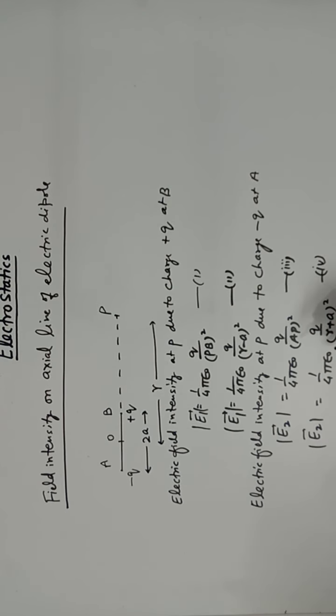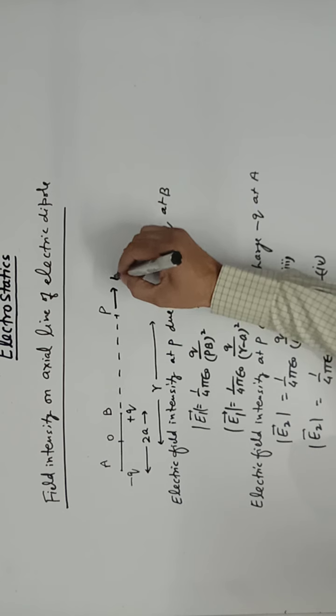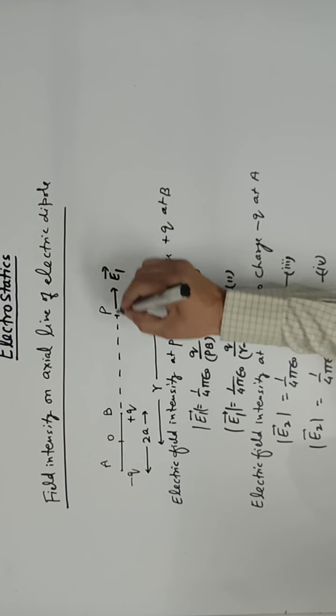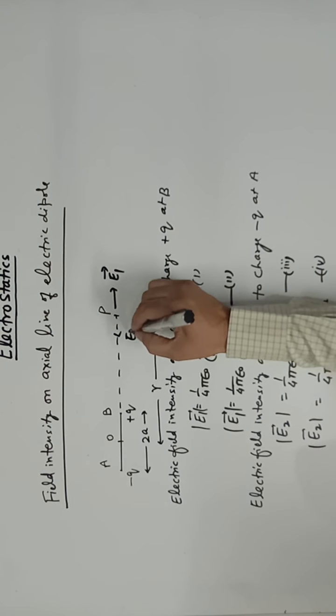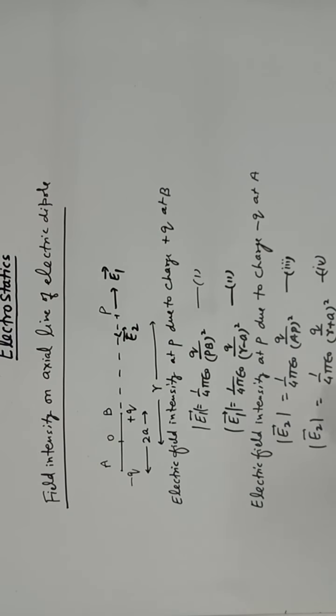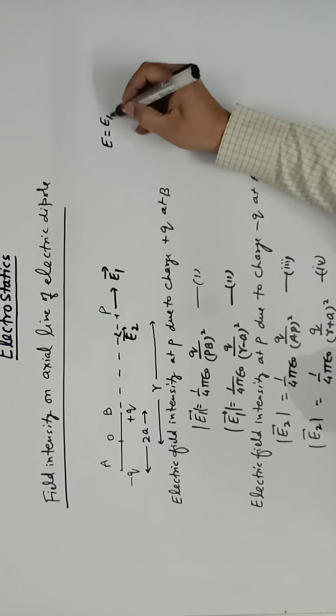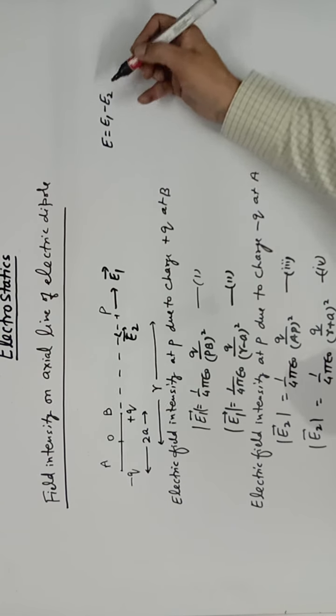The direction of E1 is along BP and the direction of E2 is along PA. So this is E1 and this one is E2. Both the directions are different. One is along the right side and the other is along the left side. So the net field E is the difference of both, E1 minus E2.